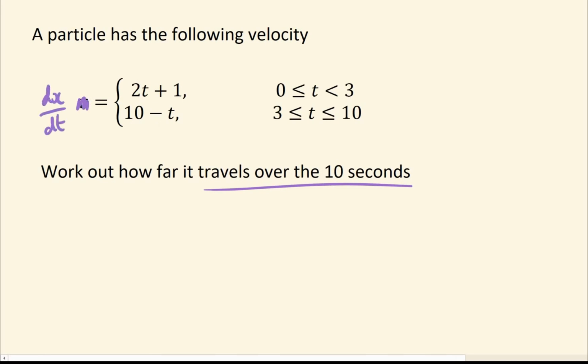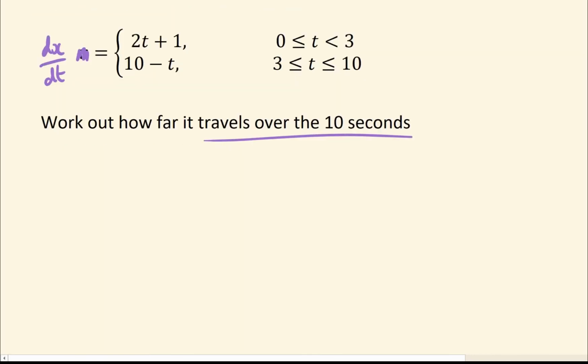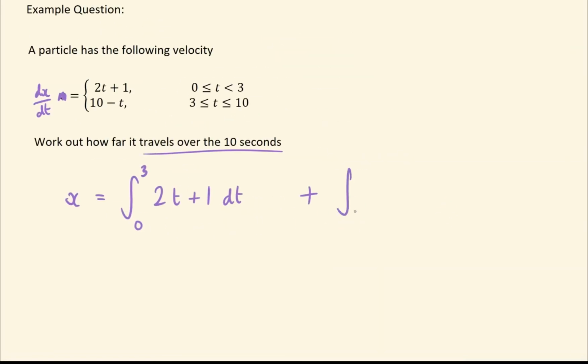Distance of travel is just going to be x, so we can integrate to work it out. I'm going to do it in 2 halves. So I want to work out x. I'm going to first integrate 2t plus 1, and that ranges from 0 to 3 seconds. And then I'm also going to integrate the other half from 3 to 10 seconds, which is 10 minus t.